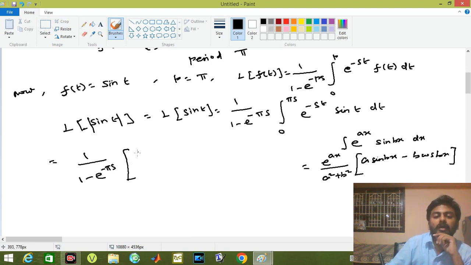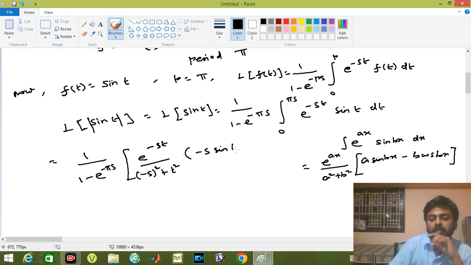So we will have e power of minus st, which means a is minus s, x is t, divided by s square plus b square, where b is 1, into a, which is minus s, sin t.